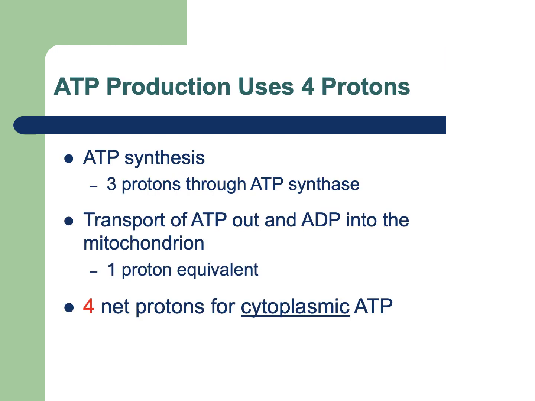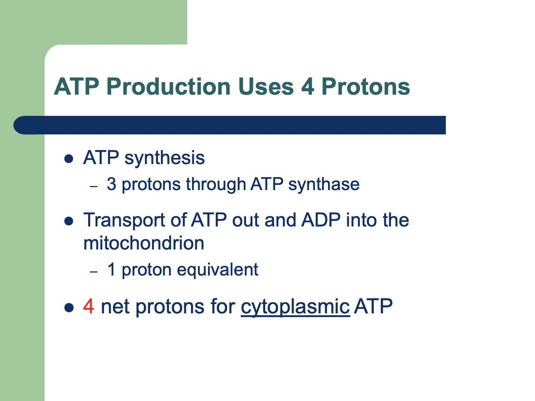So now let's talk about the amount of protons that need to go through the ATP synthase in order to produce ATP. So overall, it takes 3 protons to make 1 ATP. But as I just said, we need to move that ATP into the cytoplasm. So that requires 1 proton equivalent to move ATP out and ADP into the mitochondrion.